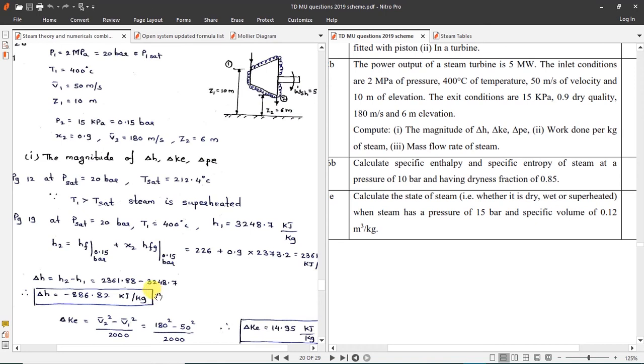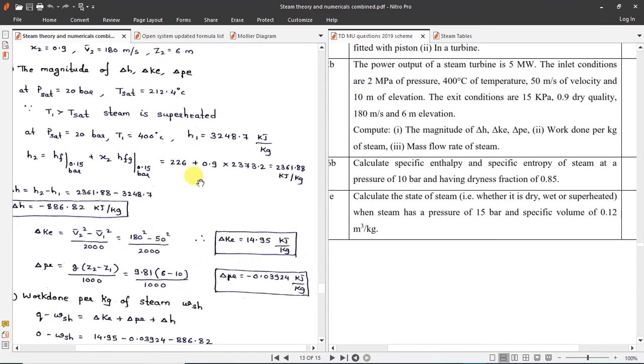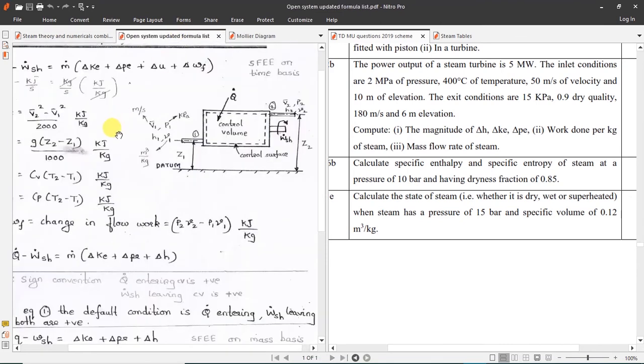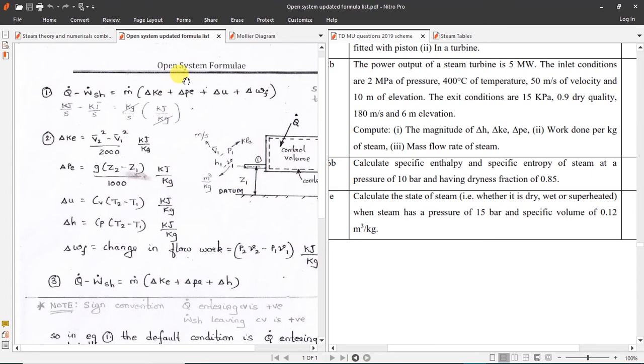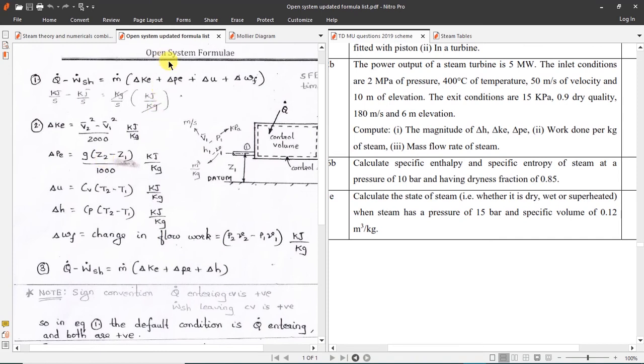What is the next question? Change in kinetic energy. Now, how to calculate the change in kinetic energy? We had seen this formula, the steady open system formula, in module number 1. In the steady flow energy equation, what is the change in kinetic energy in kilojoule per kg? It will be velocity of point 2 squared minus velocity of point 1 squared divided by 2000.